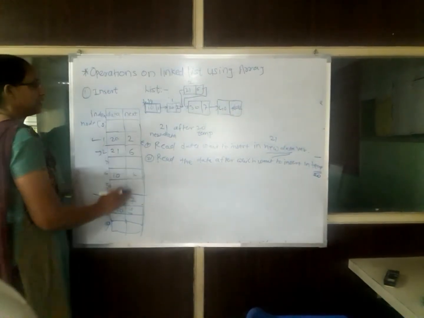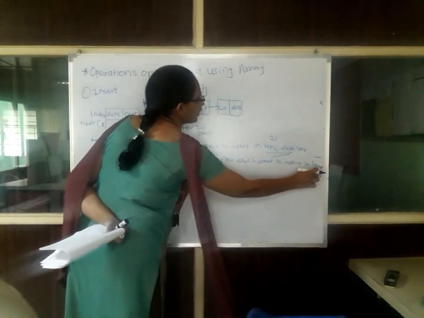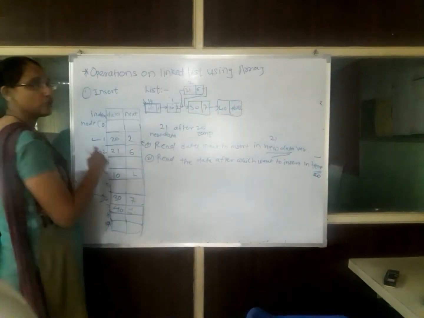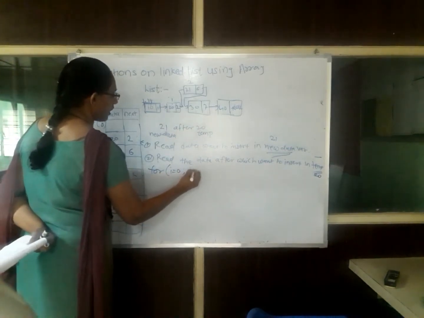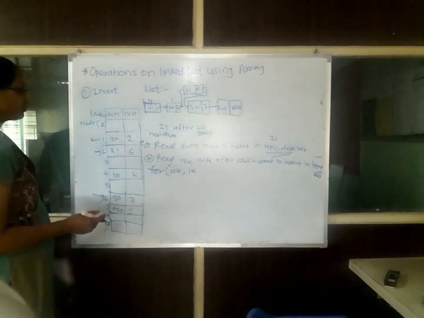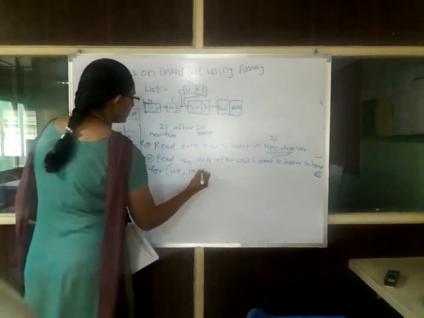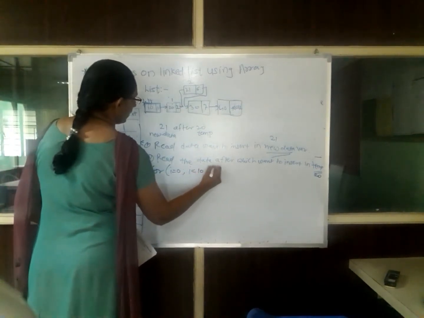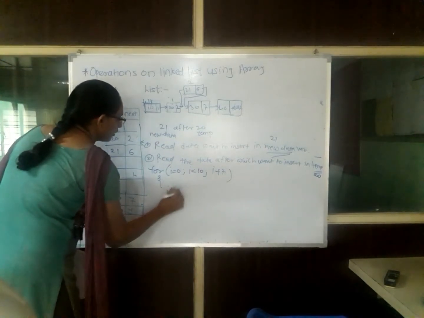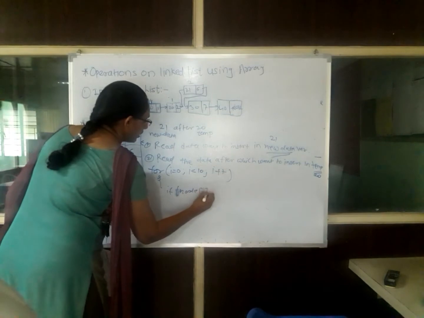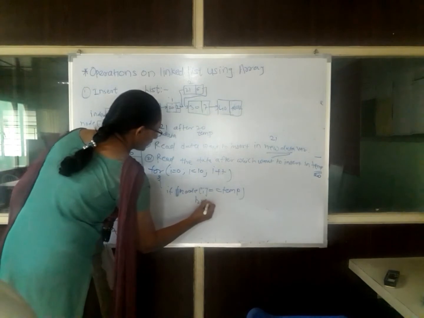Once you read these two pieces of information, you have to search for this 20, after which you want to insert. For that we use for i equal to 0, i less than the size of the array, that is 10, and i plus plus. What we have to do: if node of i is equal to 10, then break.